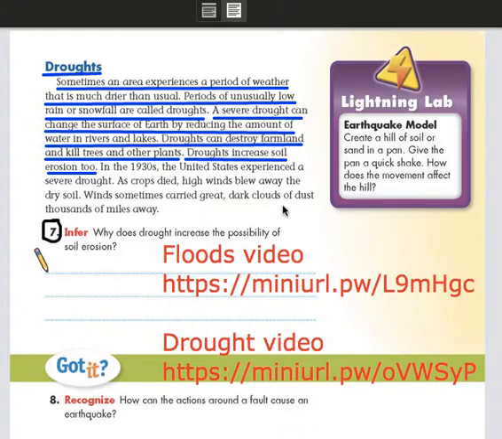So after we're done with this lecture, I want you please to answer question 7 in addition to this thing. So you are going to put for me volcano, earthquake, droughts, floods, and landslides, which are 5 natural disasters that cause rapid change in the Earth's surface.